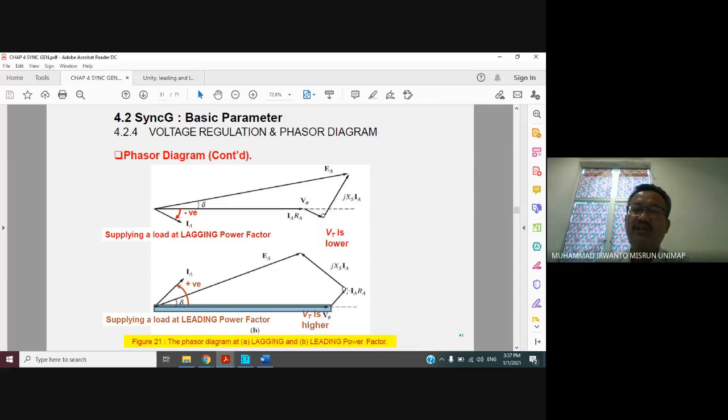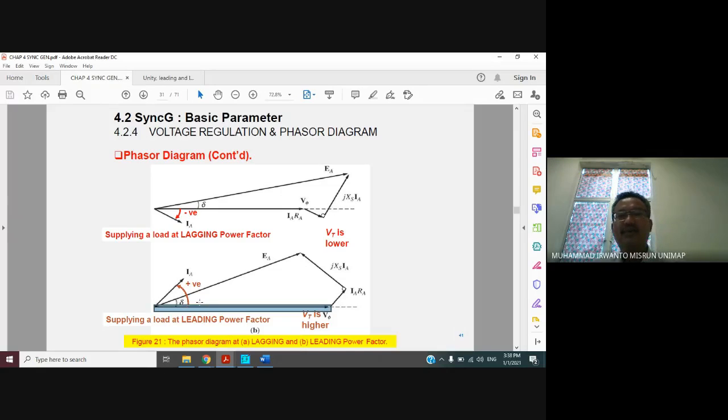After that, you draw the vector of EA from the initial point to the end of the vector jXS IA. The angle between the phase voltage and the internal generated voltage we give the symbol delta.